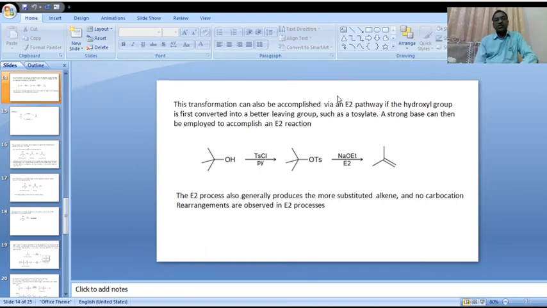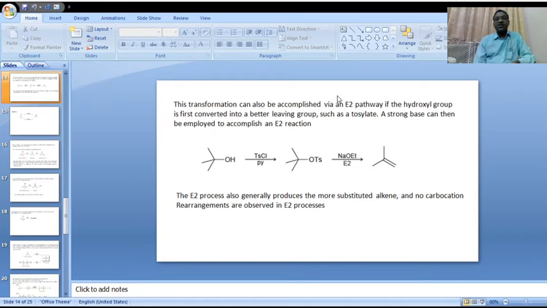This transformation can also be accomplished via an E2 mechanism, if the hydroxyl group is first converted into a better leaving group such as tosylate.